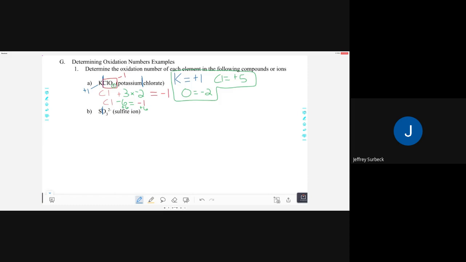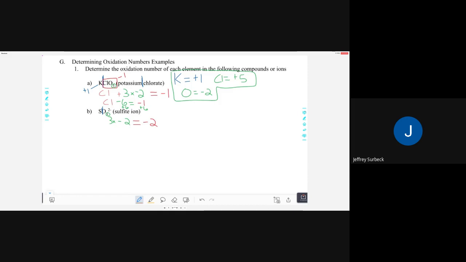Again, what's nice about this is we see the overall charge is already given. So we're going to start our equation with this. The overall charge is -2. If we see oxygen, it's -2. Again, how many oxygens do we see? 3. So we say 3 times -2.